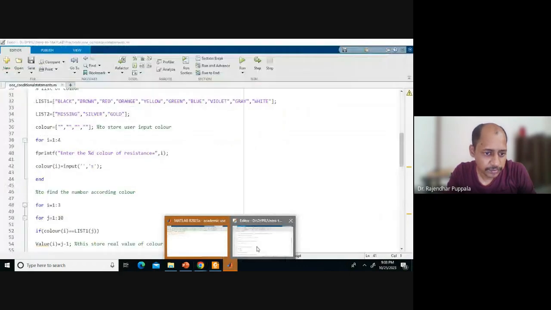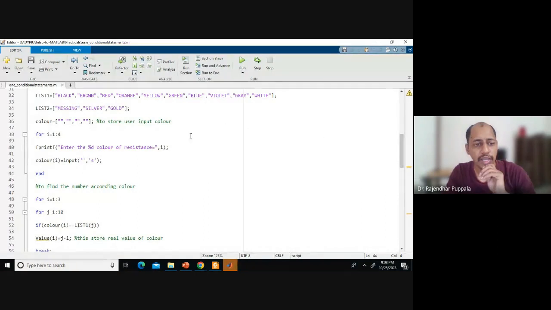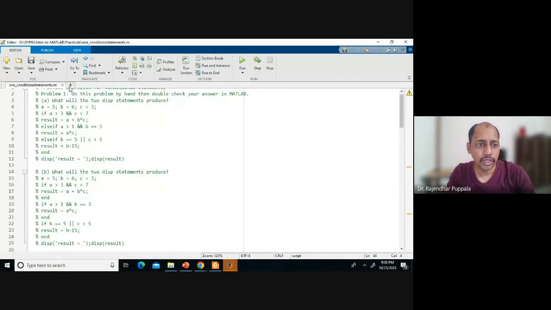So %d will give you the integer values here. So after having this file with you, open a new tab here and try to practice it, right?